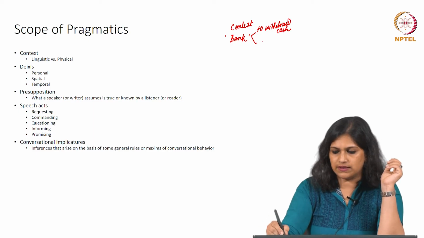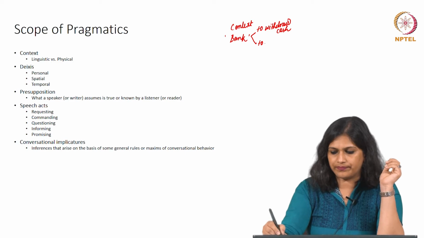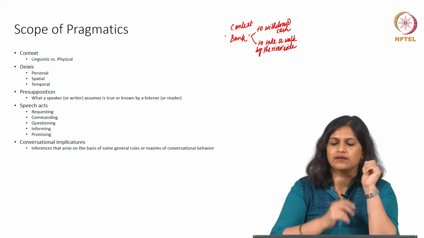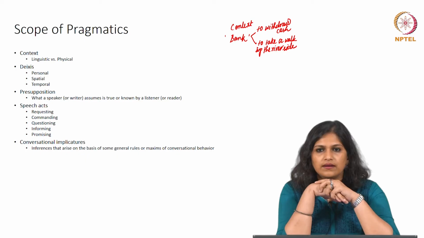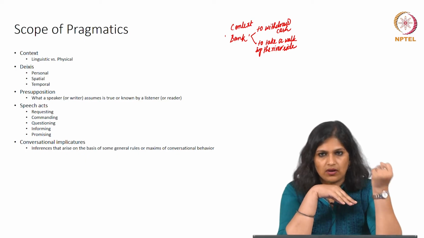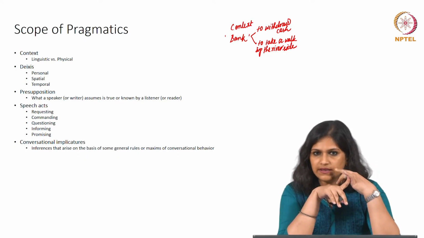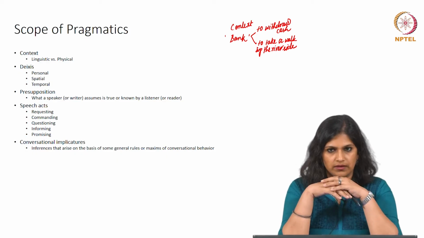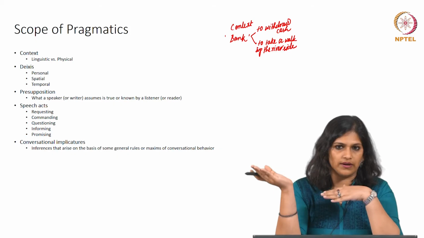The other domain is to take a walk by the riverside. Okay. So, here the scope of pragmatics is the context. One is the physical context, the other one is the linguistic context. Linguistic context is the homonym here. So, it could mean either this or that.